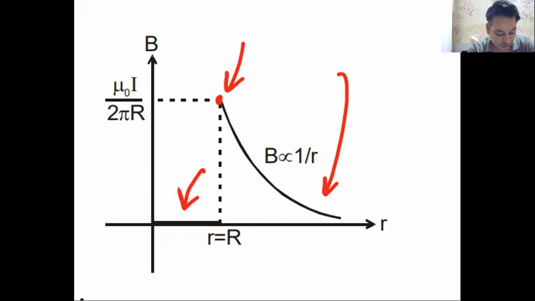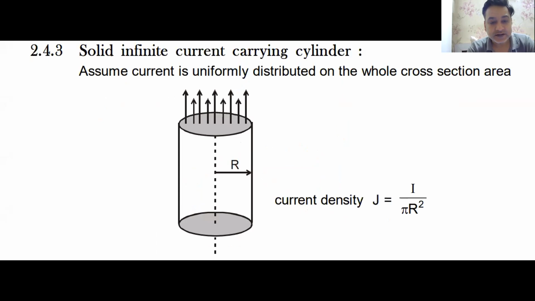If you have a solid cylinder, it will have current density. Current density is total current I divided by pi R square. Do you know their standard results?